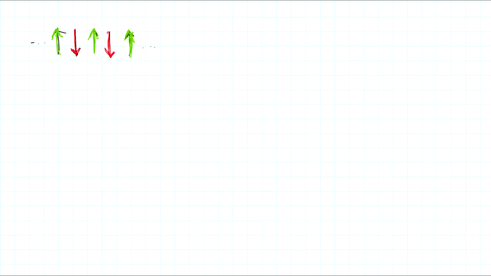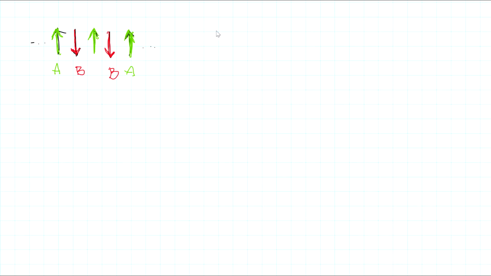So that would be sub-lattice B in red, with these magnetic moments pointing down, and this one would be sub-lattice A. Also, we would allow interactions only between nearest neighbors.